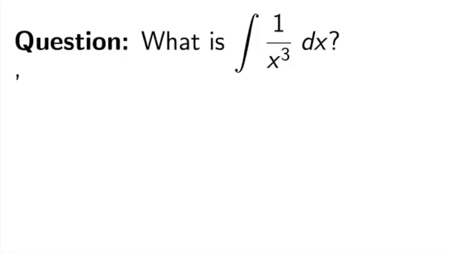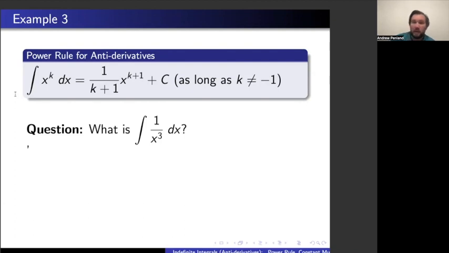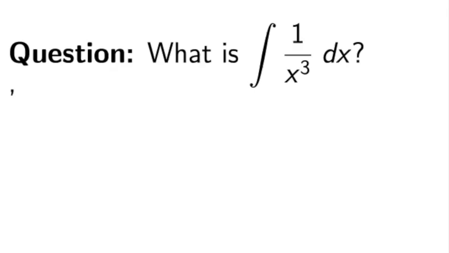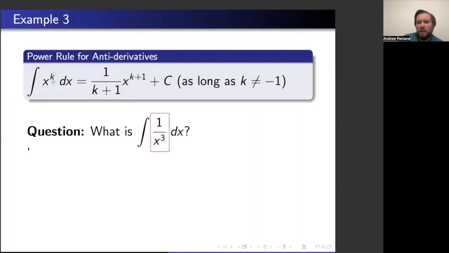What is the antiderivative, or the indefinite integral, of 1 over x cubed dx? Now, when I look at this, it may not be obvious that this fits the pattern, because 1 over x cubed doesn't look at first glance like it fits x to the k. So what we need to remember is how this works in terms of negative exponents.